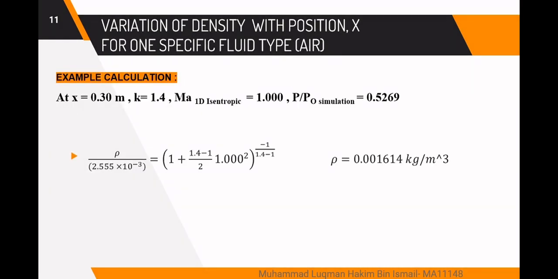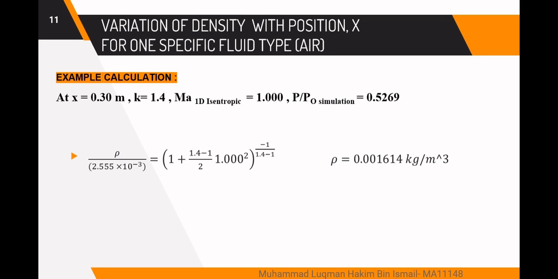For an example of the calculation, I choose point X equal to 0.3 meter, and the value K is 1.4, Mach number calculated equal to 1, and pressure ratio of the simulation equal to 0.5269. So we need to find the density at the point X equals 0.3 meter by using the density ratio formula.